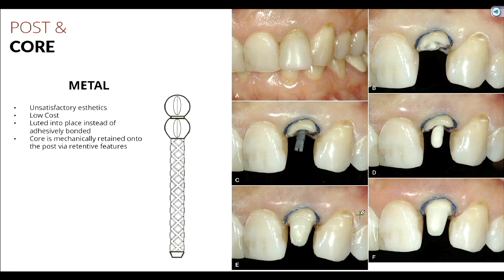Since in this scenario the post and the build-up material are two different materials, we need to somehow connect that build-up material to the post. So we're going to use just macro or mechanical retention. We have these undercuts built into these posts, and then that composite's going to polymerize around it and just lock on. Okay?